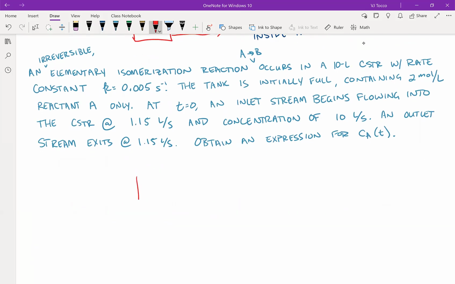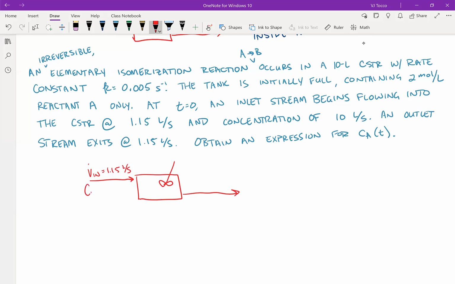I'm going to draw my picture in red. My CSTR has an inlet stream and an outlet stream, and it is stirred to be well mixed. I'm not going to label the mass or mole flow rate. I'm going to label what I know, and I know that V dot in is 1.15 liters per second.